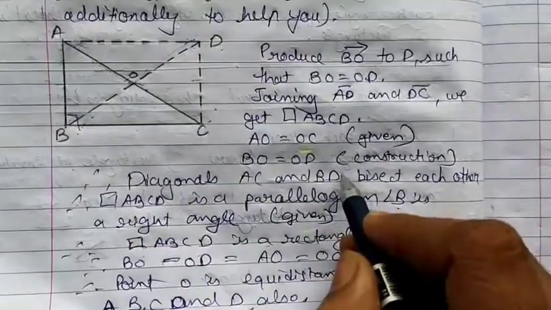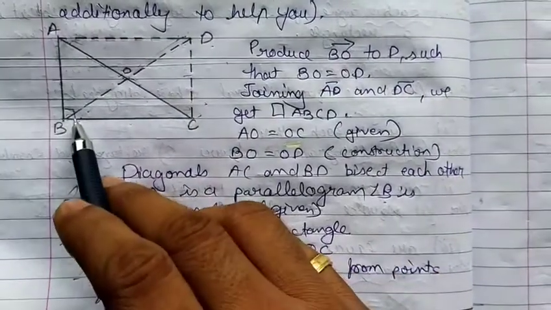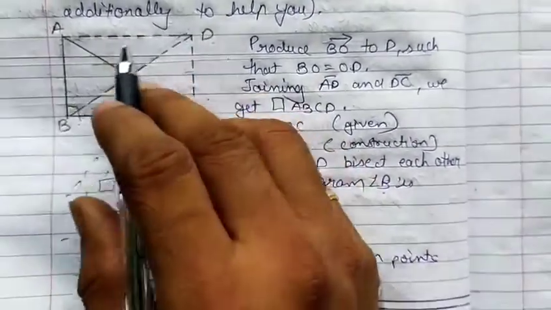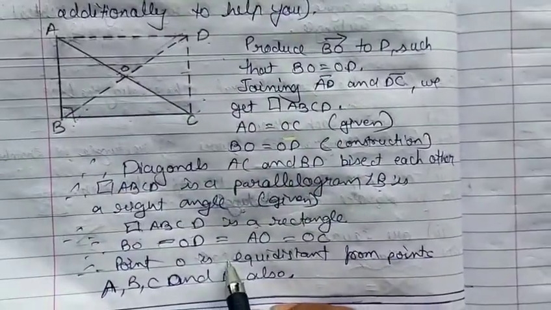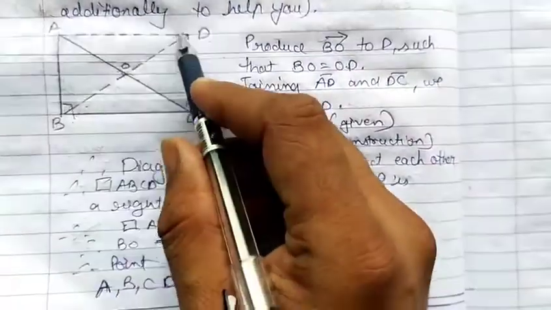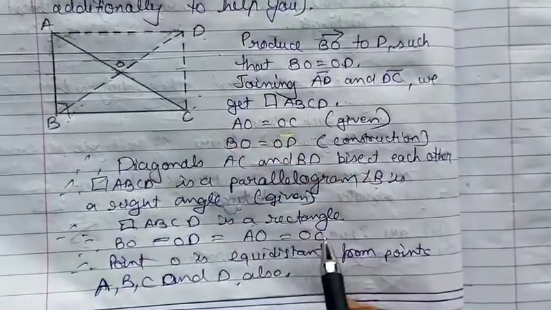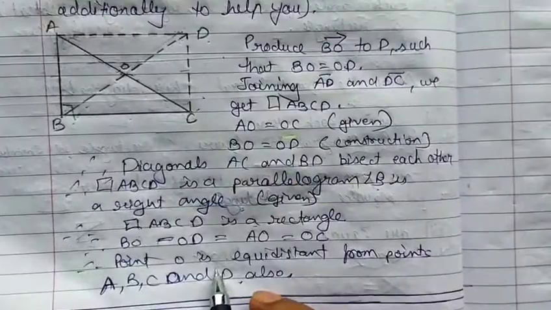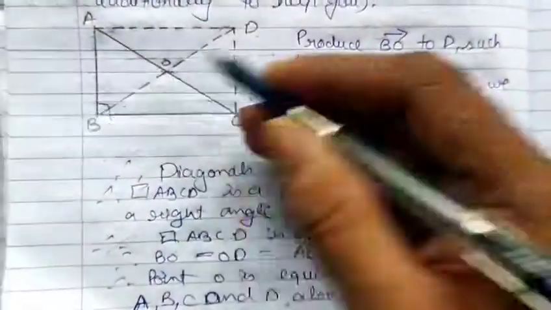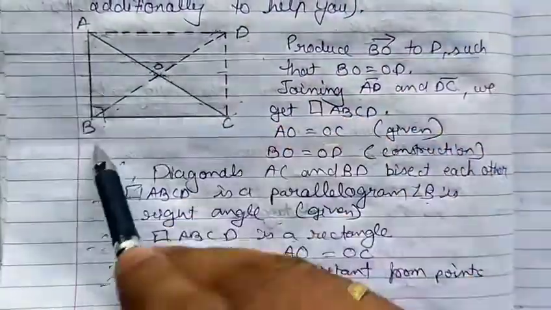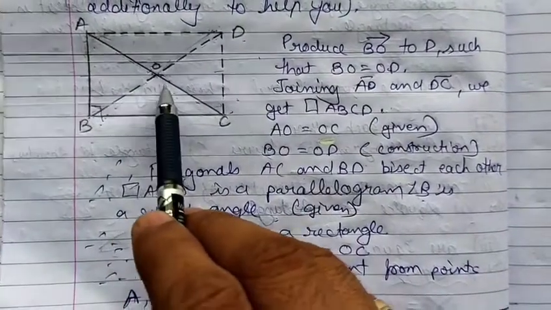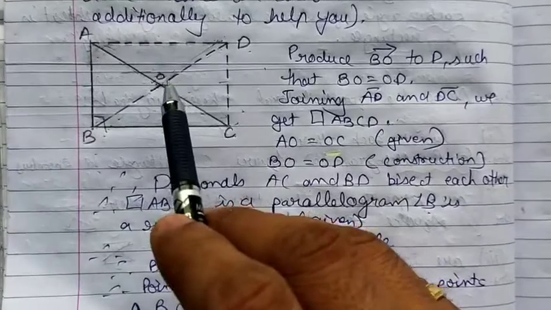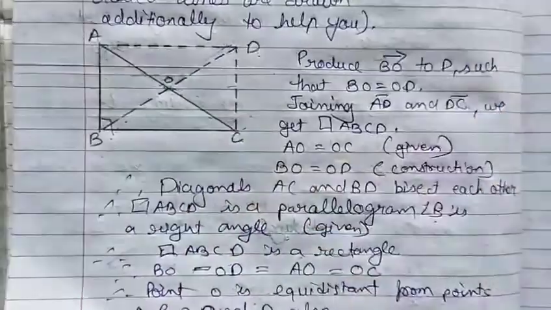Now if it is a parallelogram with B equal to 90 degrees, ABCD is a rectangle in which OB equals OD, OA equals OC, all are equal, meaning the diagonals are equally divided. That means we can say that point O is equidistant from B, from A, from C and from D as well.